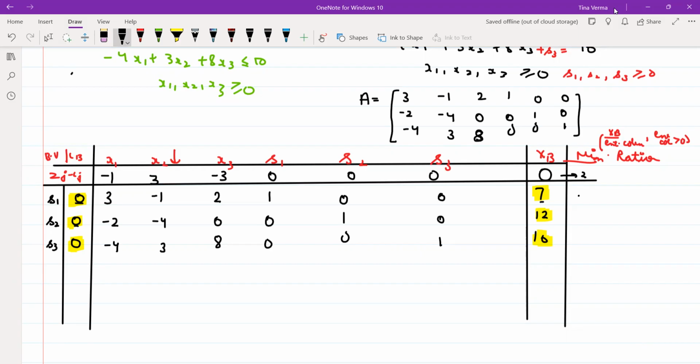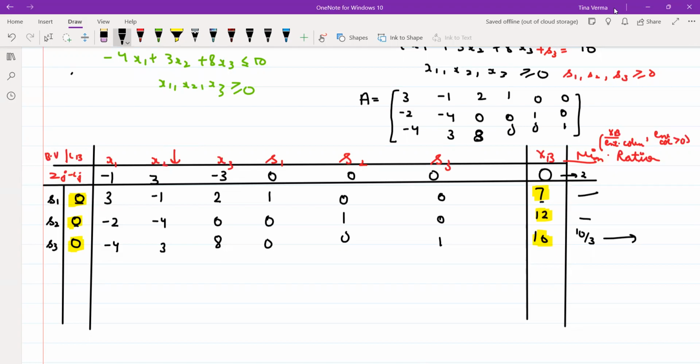No, because my entering column entry should be greater than 0. 12 divided by minus 4, can I do? No. I have only one option, 10 divided by 3. Only this is the minimum. That means this is my leaving variable.